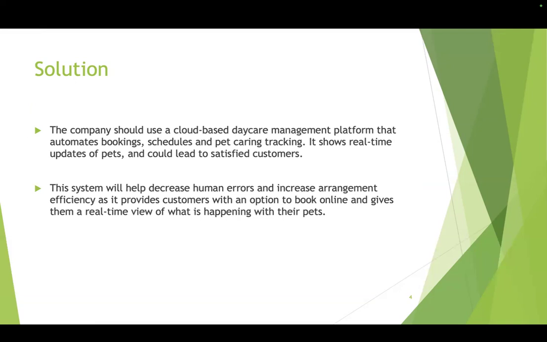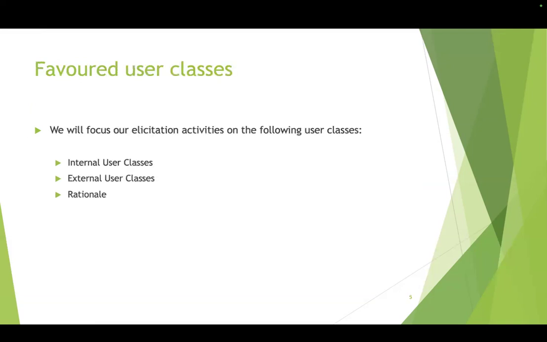Let's take a look at user classes. We have identified two key user classes for our elicitation activities: internal user classes and external user classes. The daycare staff is crucial because they manage pet care and scheduling daily, so their feedback will provide insights into operational challenges.